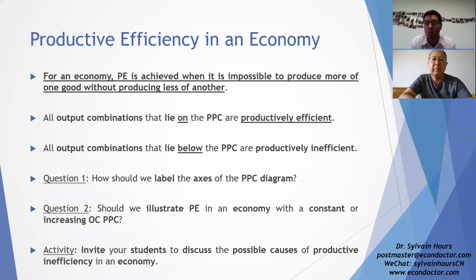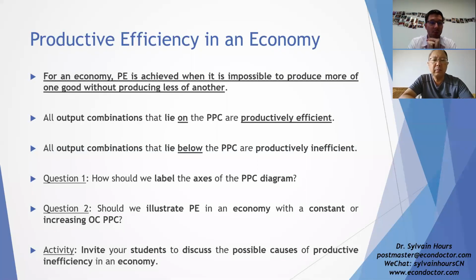To put it differently, in which case could we be below the PPC? Could the economy produce a combination of goods that is below the PPC? It's a good debate that you can have with your students.